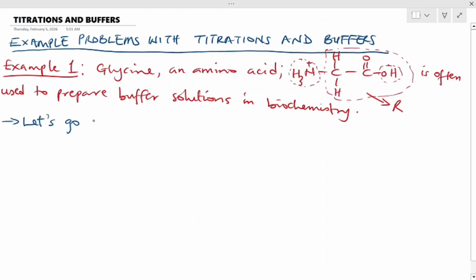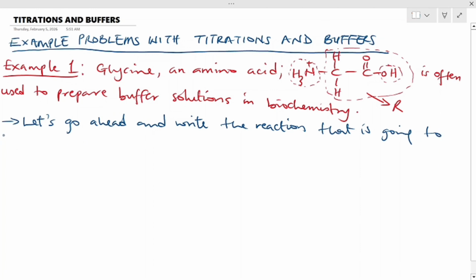Let's go ahead and write the equation, and write the reaction that is going to take place.